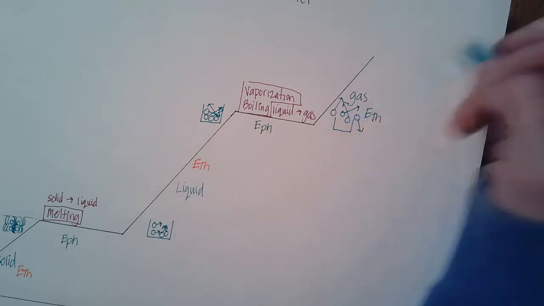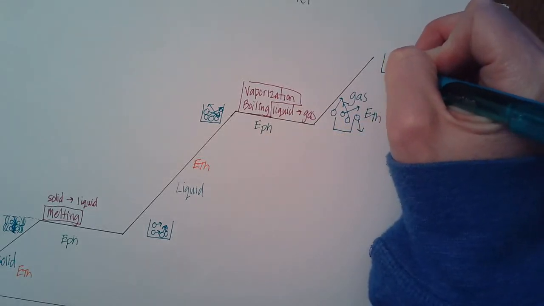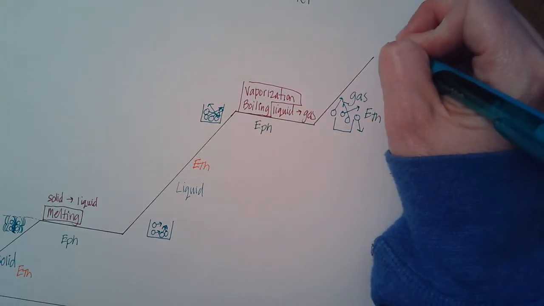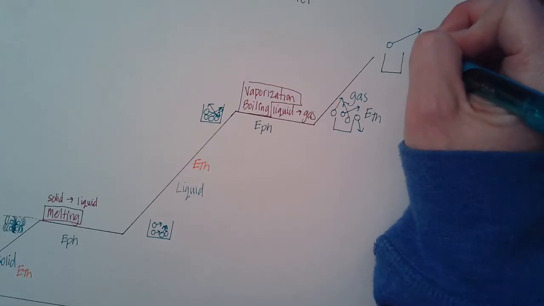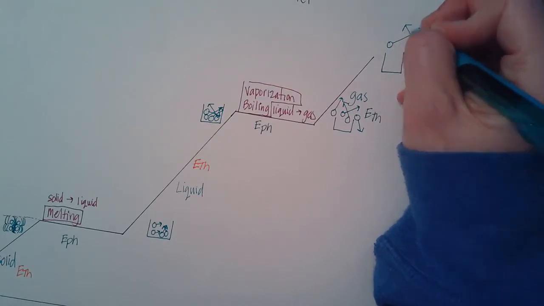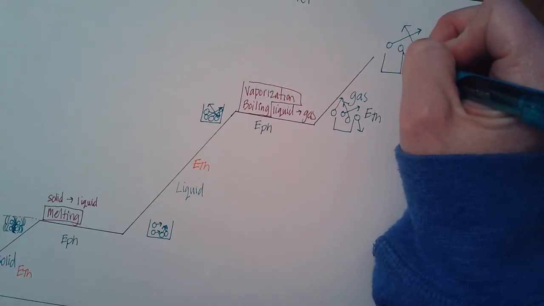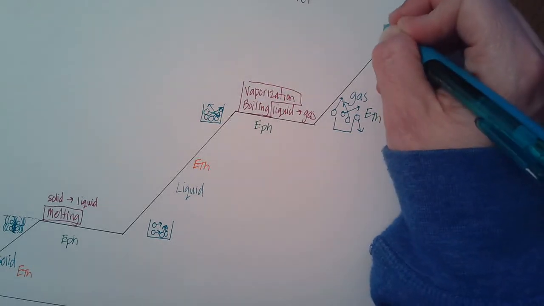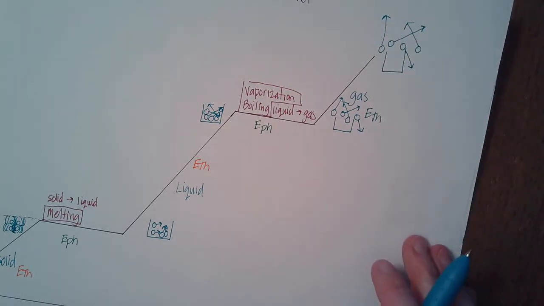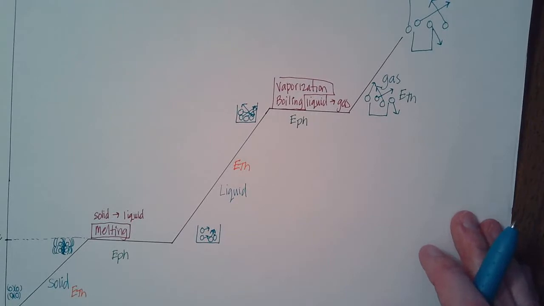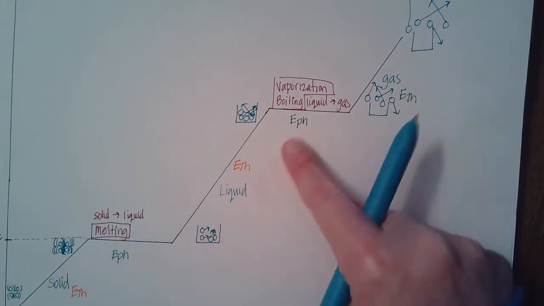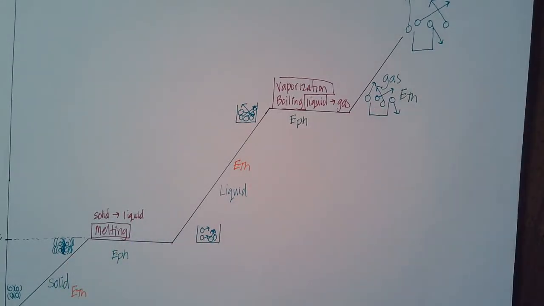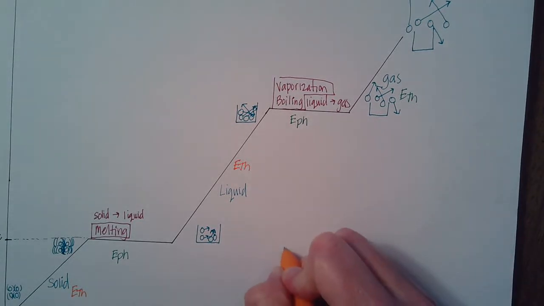And at this point, they would be even faster because our temperature is rising. Okay, so temperature is rising. This is considered E thermal energy. So we're going to write that down here.